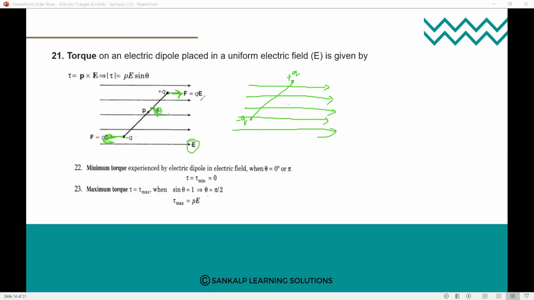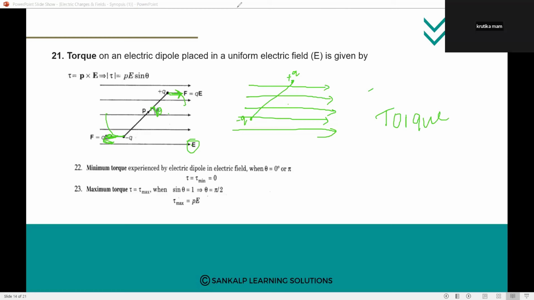So here the forces are in the opposite direction. One force is in one direction and the other force in the opposite direction, so the dipole will experience a torque.